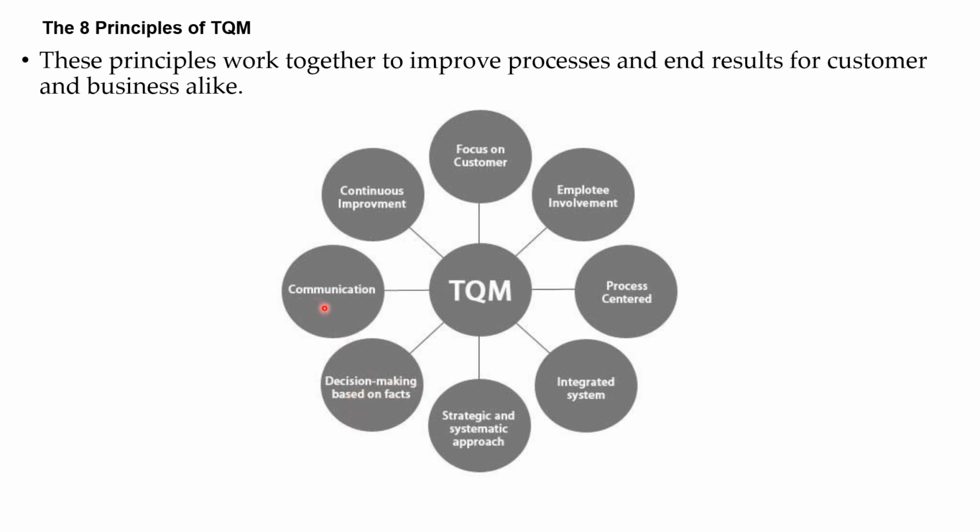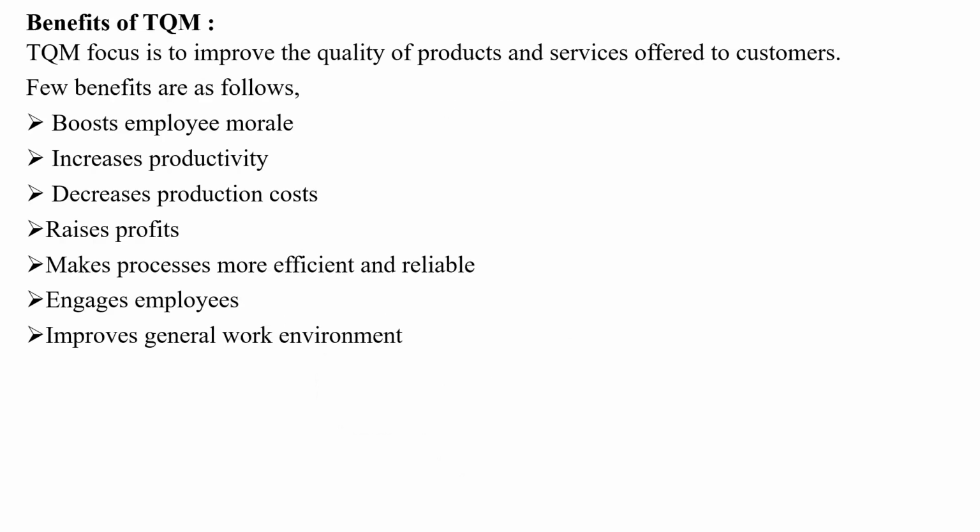And communication. So communication is very important within the departments and outside the departments. So for implementation of TQM it will play a major role. And continuous improvement. So it is not a single day process. So continuously we have to follow up with all the principles we have to implement in the organization.